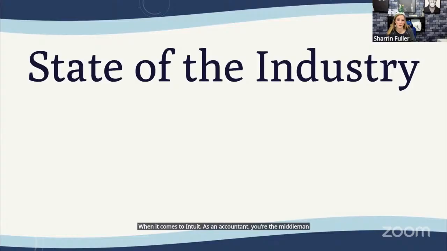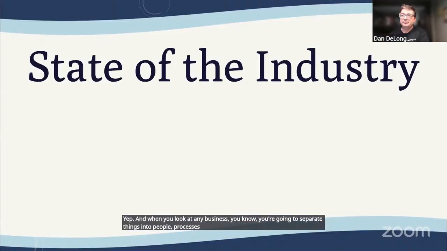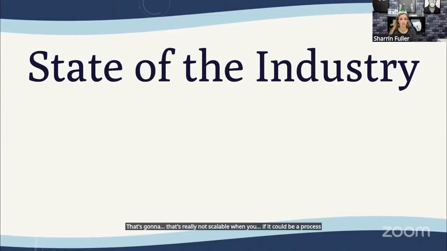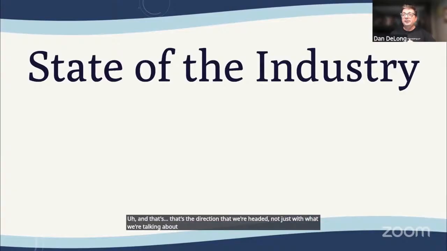And when you look at any business, you're going to separate things into people, processes, and programs, right? If you have a process that is run by people, that's really not scalable if it could be automated. That's the direction we're headed, not just with what we're talking about here today, but in general.